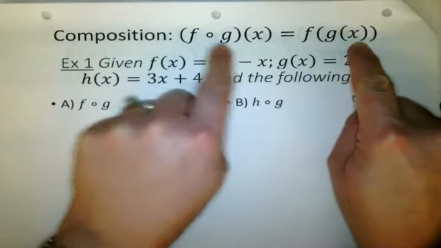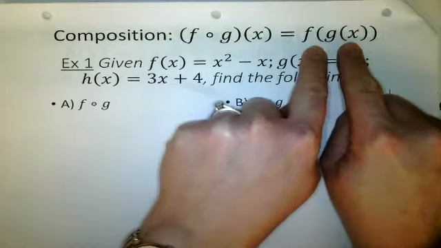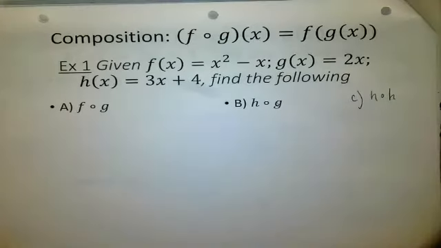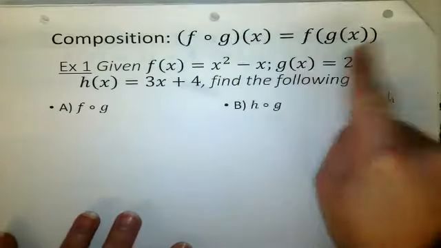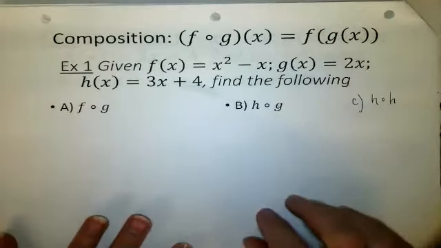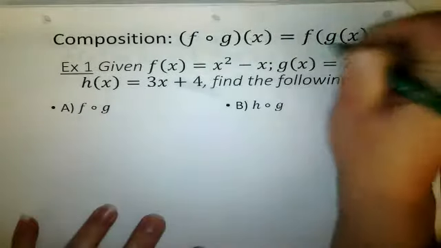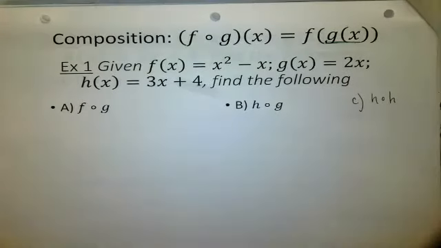So we're going to see this notation today, but I'm always going to translate it to function notation like this because I think that it makes more sense. It's also easier to follow notation-wise. So anytime you see f circle g of x, we can replace it with f of g of x. And then you can see we have a g of x function inside another one.